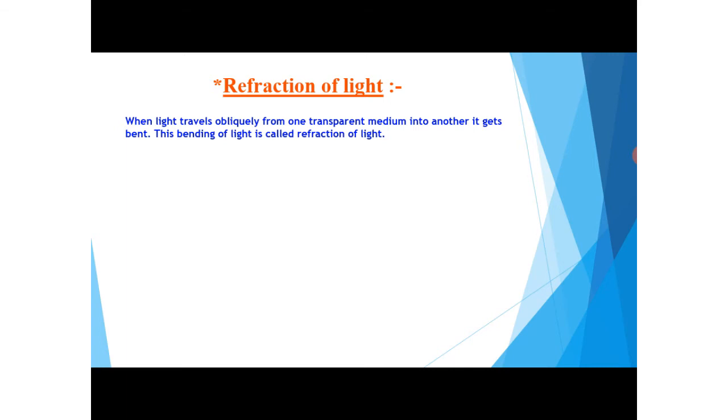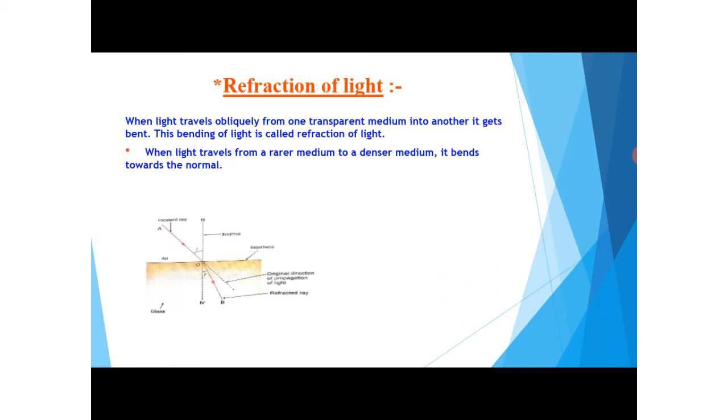Now why does the bending of light take place? Let us first discuss how the bending takes place. In the first case, when the light ray is traveling from rarer to denser, the light ray is bent towards the normal. You can see from this figure we have a glass slab. The upper portion is air and the other is glass, so air is the rarer medium and glass is the denser medium. We have a normal NN'. Light ray AO is coming in air and through O it passes inside the glass slab.